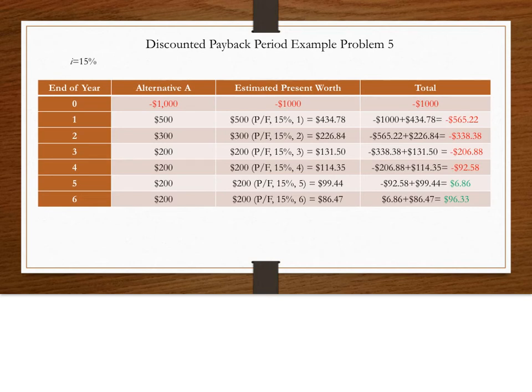This brings us to a total of negative $565.22. We do the same with year 2's $300 revenue. We discount it, add it to the negative $565.22, and get negative $338.33 net revenue at the end of year 2.